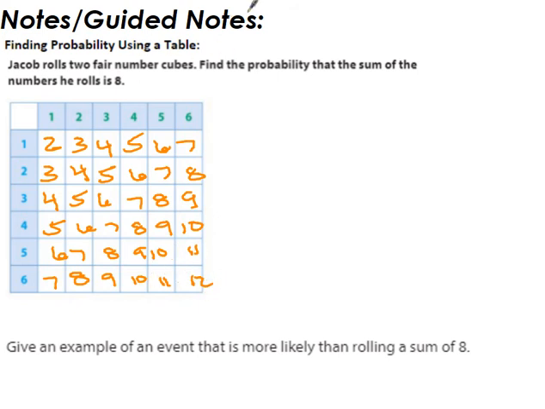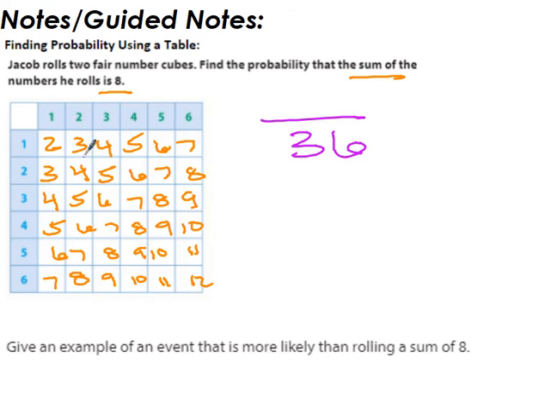So if I want to find the probability that the sum of the numbers is 8, what I need to figure out is how many total possible outcomes there are. This is a list of all my total possible outcomes. There are 36 possible outcomes here. 6 times 6 is 36. So when you roll 2 dice, there are actually 36 possible outcomes.